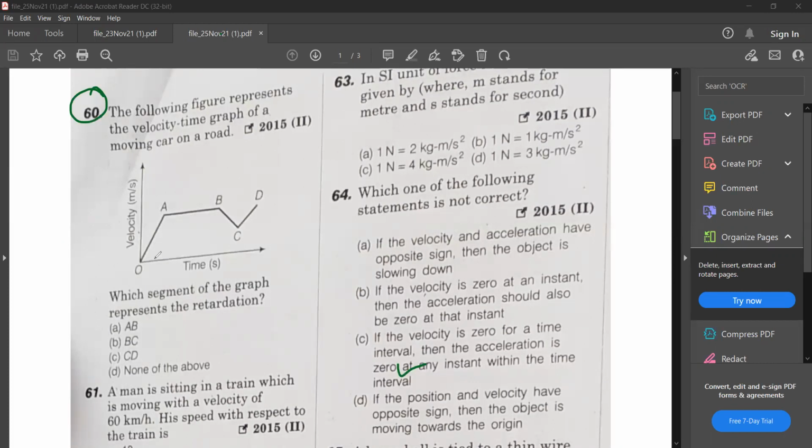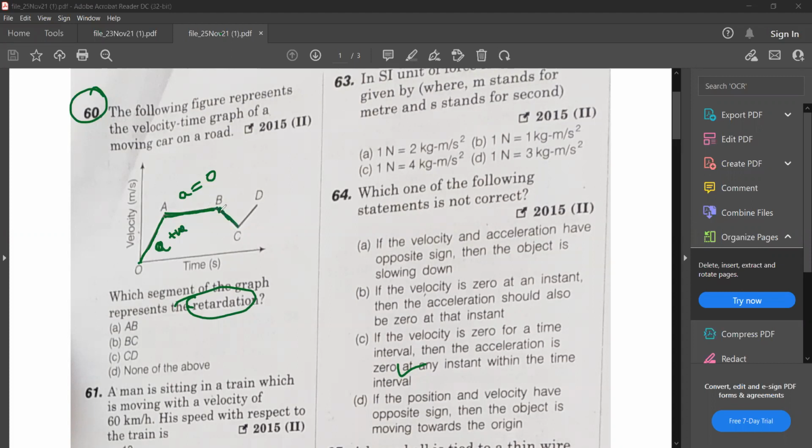So listen. In this velocity time graph, you have to find the portion where retardation happens. See, velocity is first increasing, so velocity increasing means acceleration, isn't it? Now here velocity is uniform, that means acceleration is 0. Here velocity is constant, that means acceleration is 0.